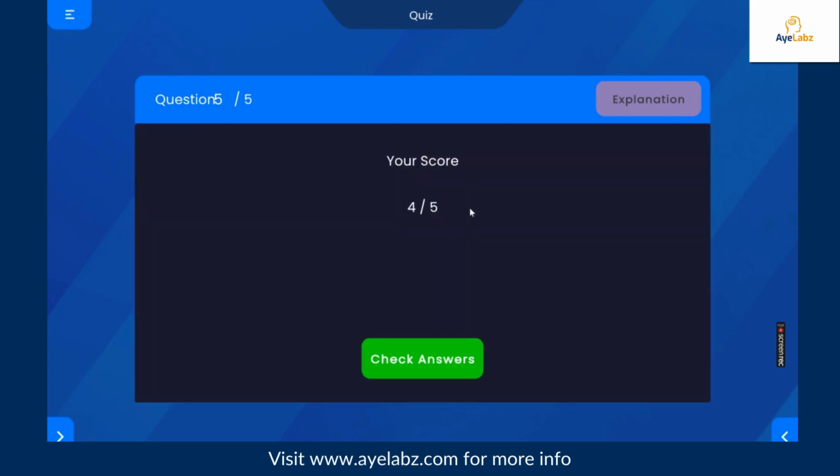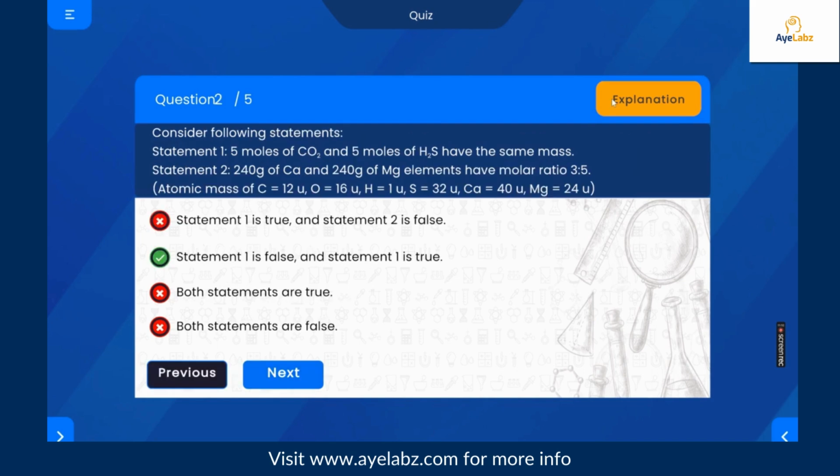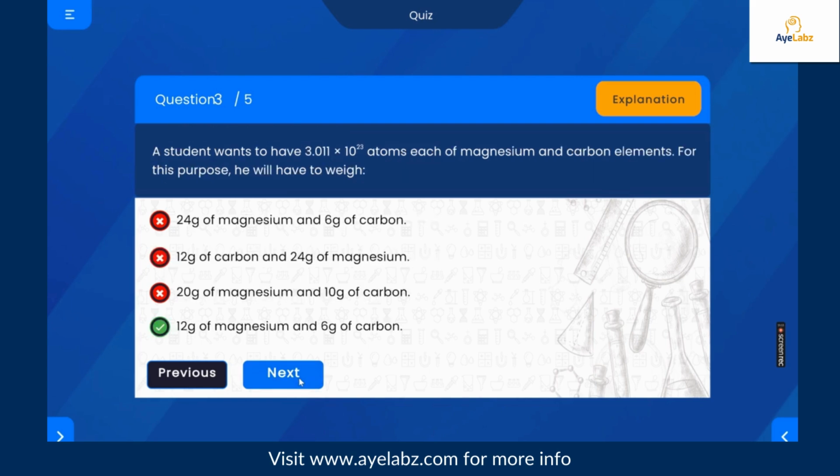By clicking on the submit button, it will reveal your score, and also you can click on check answers to check whether the answers are right or wrong. And don't forget to click on explanation to reveal the explanation of the answers.